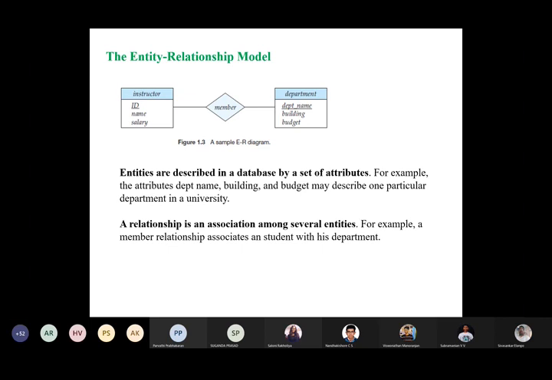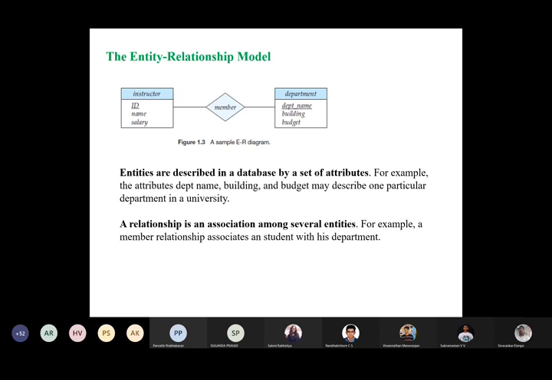And there exists a relationship among the several entities, right? An instructor is a member of a department, right? So there exists a relationship among the several entities. There can be a one-to-one relationship among the participating entities, or 1 to n, or n to 1, or m to n relationship among the participating entities.